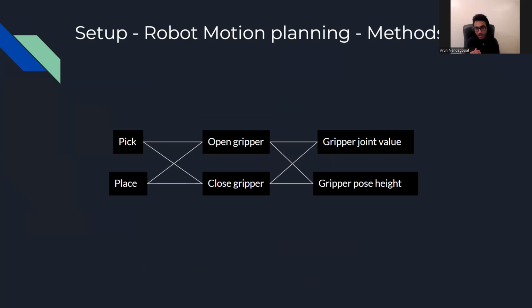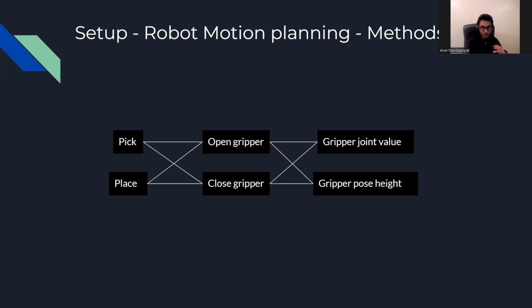To enable pick and place for different situations, we have to get some abstractions. We have to make a function just for pick, and a function just for place.